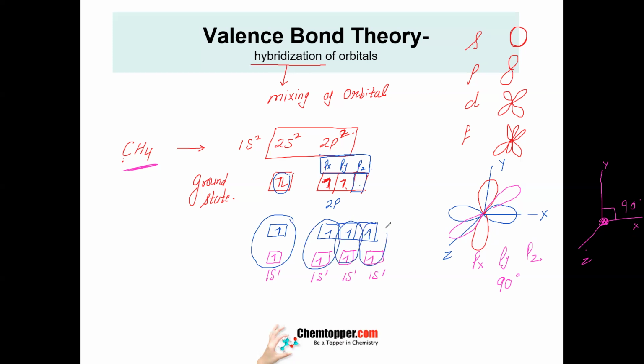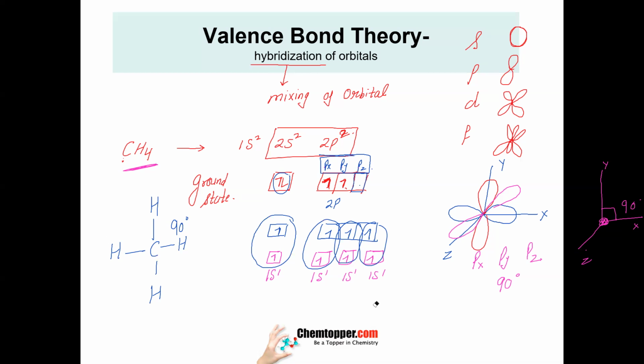What is the angle you are expecting in CH4? What should be the angle between all these four hydrogens when they make the bonds? Don't you think that they should be 90 degree? It should be 90 degree, isn't it? So the molecule CH4 must have a 90 degree angle.